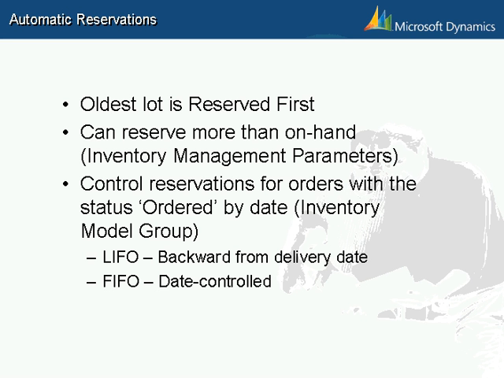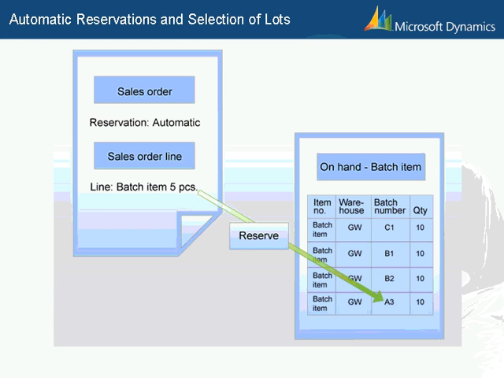As you remember, control reservation for orders with the status ordered by date, inventory module group, and LIFO, backwards from delivery date, FIFO, date control. Automatic reservation and selection of lots. This picture shows how the on-hand inventory with the lowest dimension number is reserved against when you create a sales order line with automatic reservation.